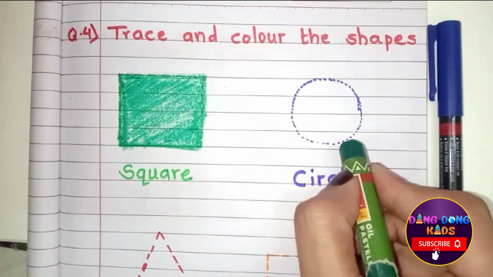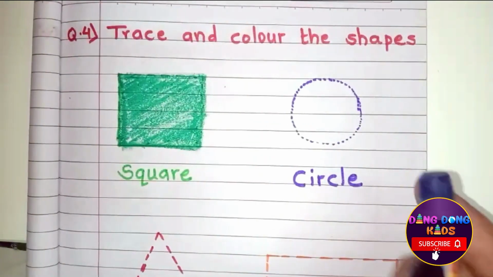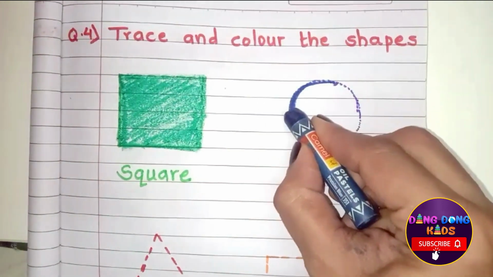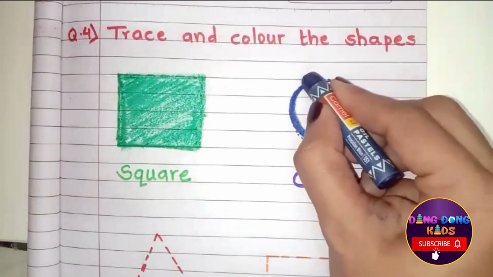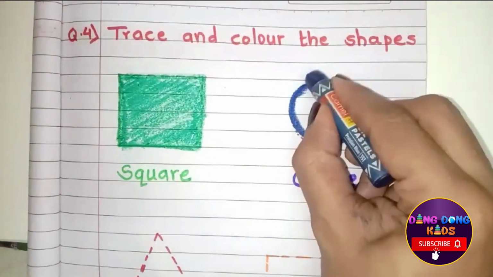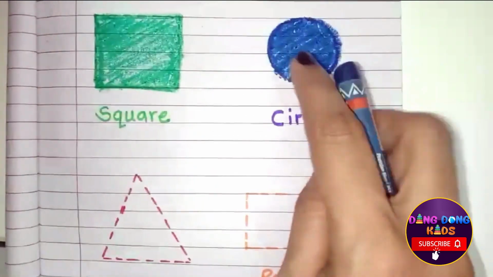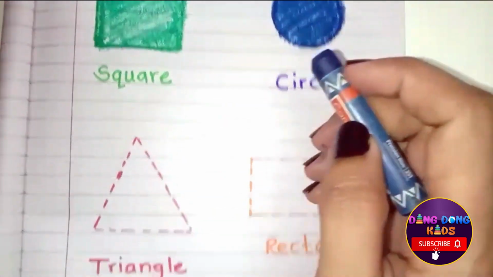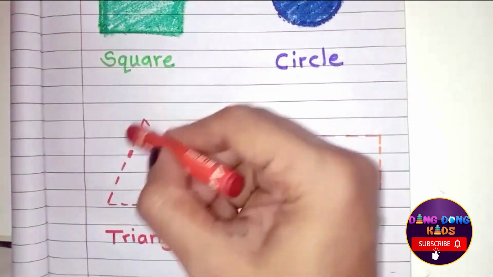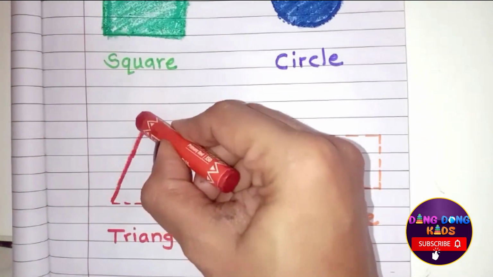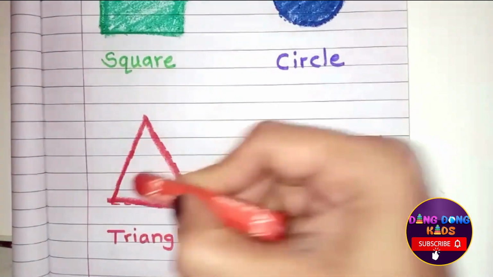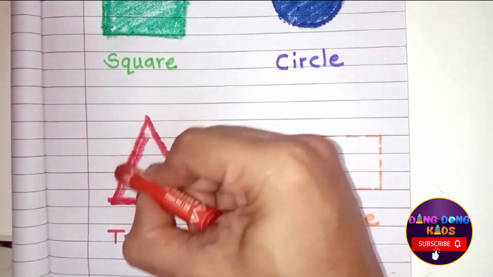This is circle. It's a blue circle. We will trace the circle and give color. Okay. Third is triangle. It's a red triangle. Trace the shape triangle and we will give color.